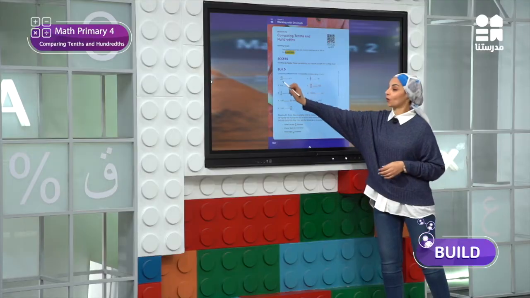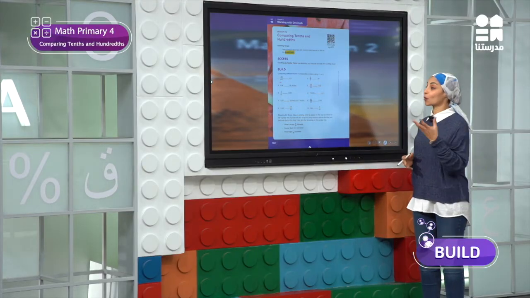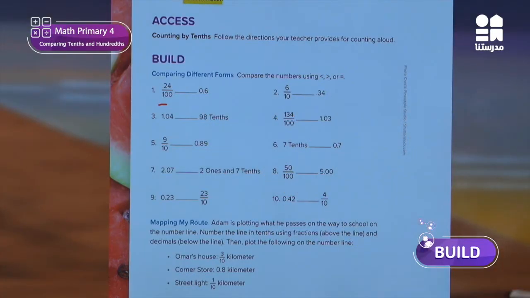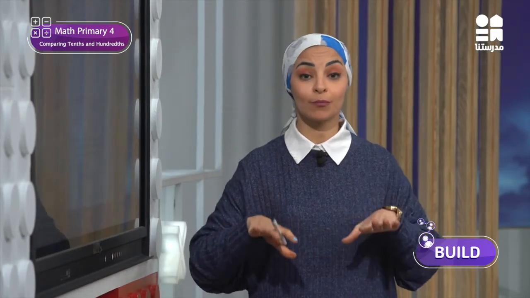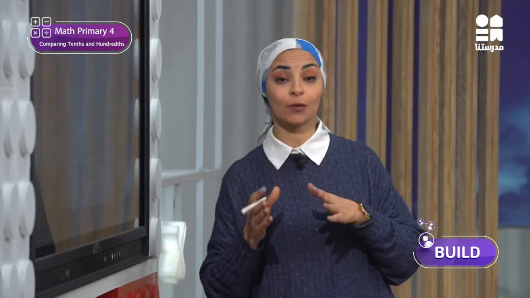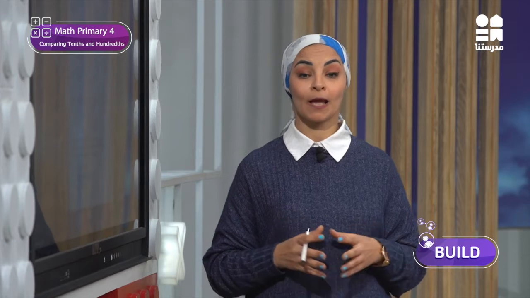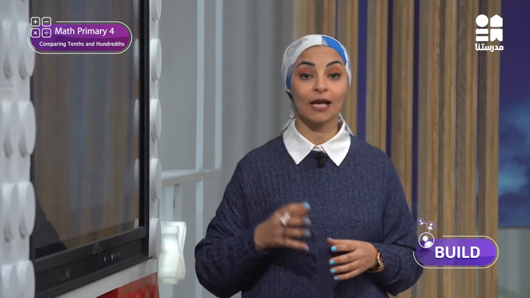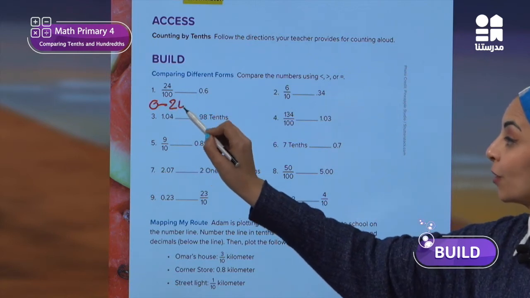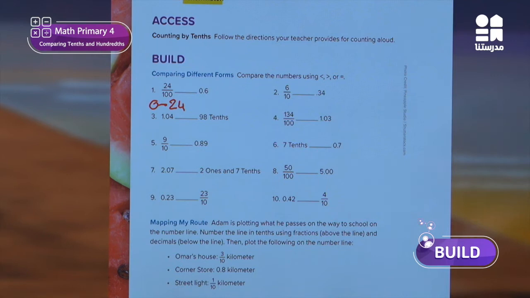Here in problem number 1, we are comparing 24 over 100 and 6 tenths. طيب عشان أقدر أعمل comparing in a very easy way أهم حاجة أكتب النمبرز in the same form، يا إما هكتبهم in fraction form أو هكتبهم in decimal form as you wish. طيب دلوقتي أنا هختار to write both in decimal form. يبقى هكتب 24 over 100 as decimal form هتبقى 0.24 أو 24 hundredths. Okay?